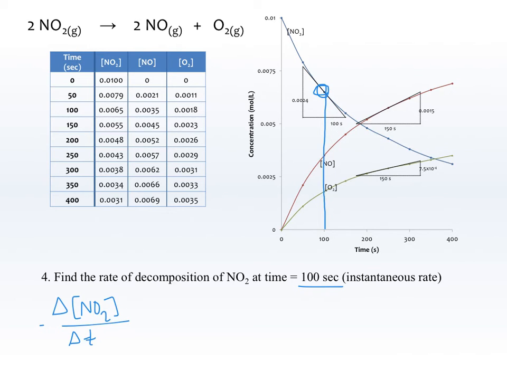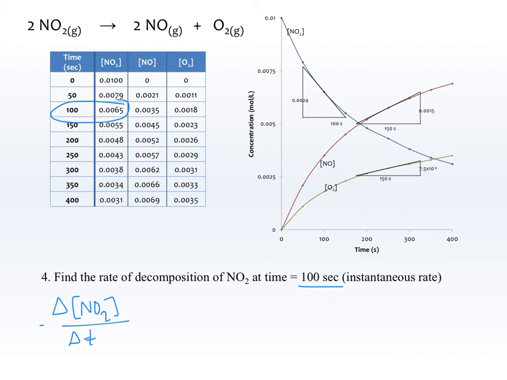I have one particular concentration and one particular time, and I can't do a change from that. I'm not looking at the average rate over the entire reaction, just that particular time. So that's why there's a tangent line.